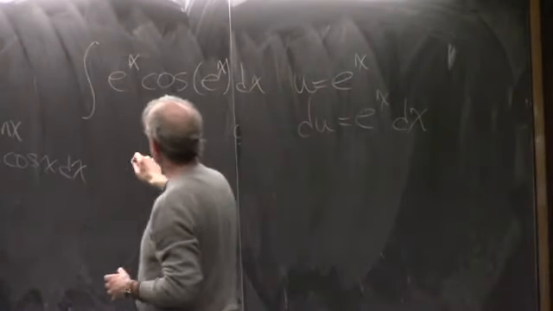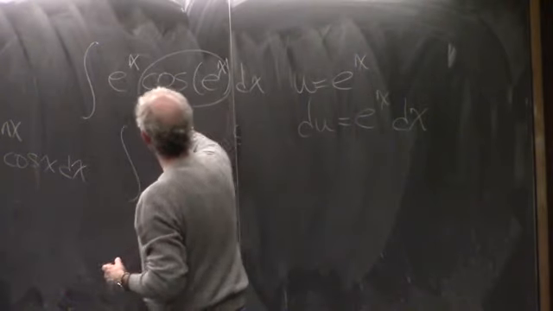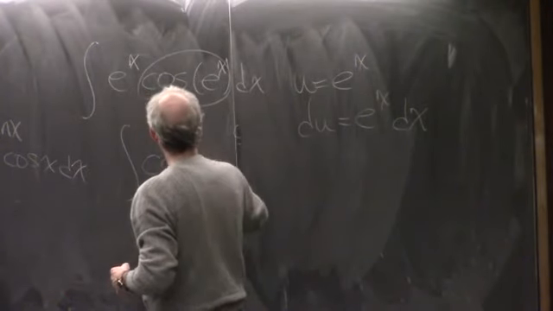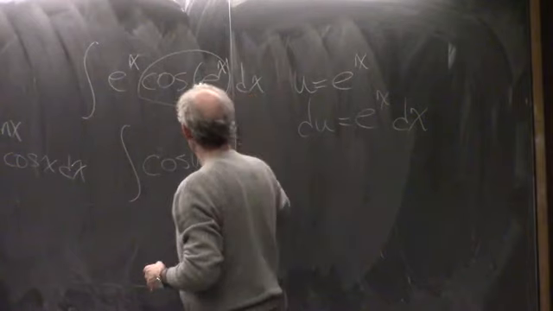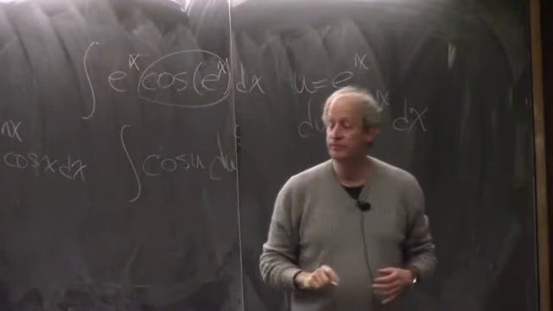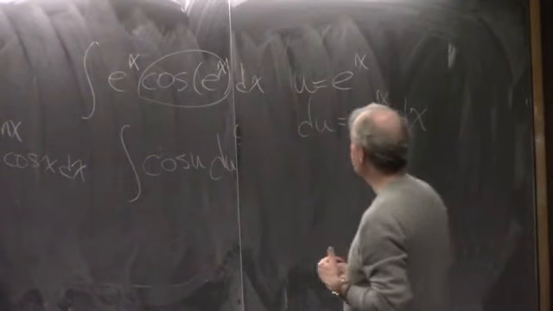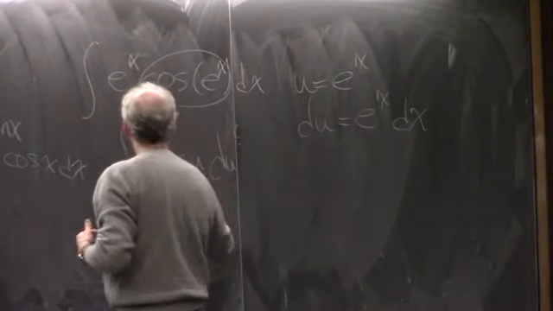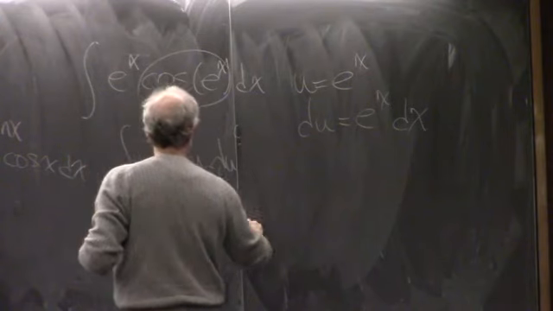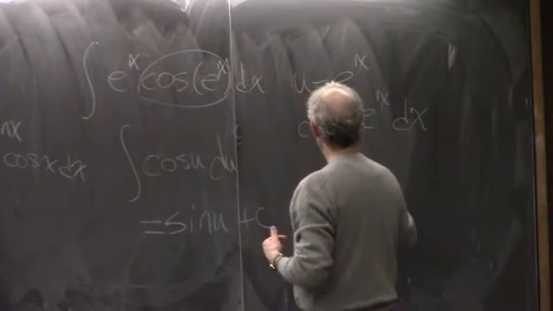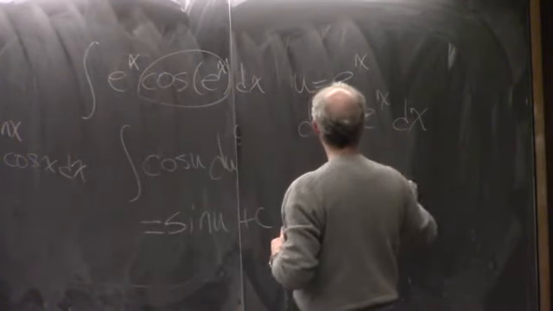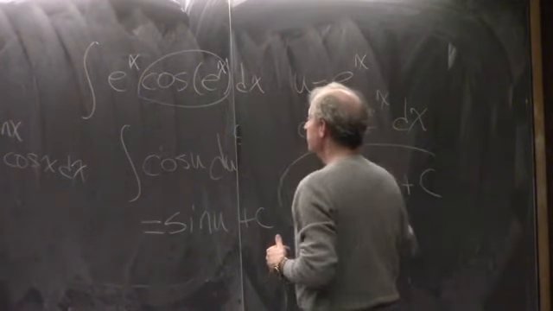So this now just becomes the integral of cosine of u, and e to the x dx is du. You like that one? So that's just sine of u plus a constant. So that's sine of e to the x plus c.